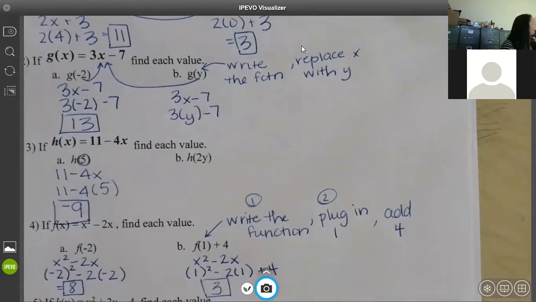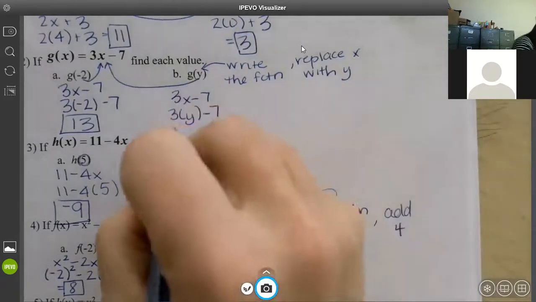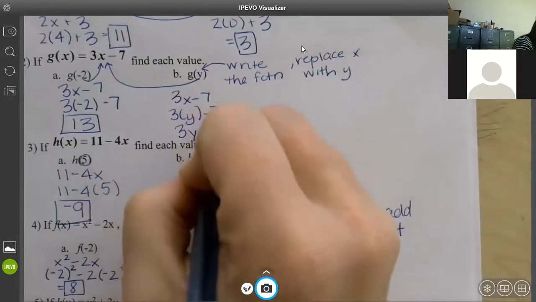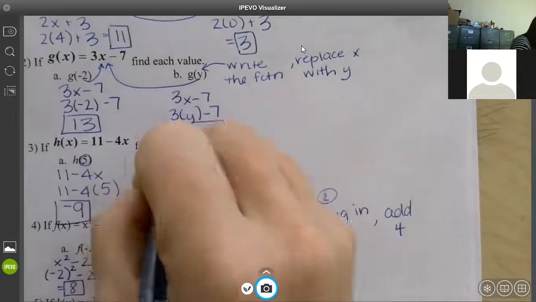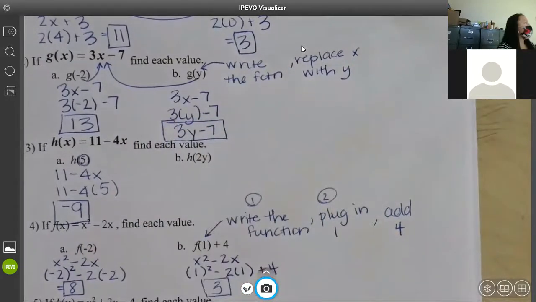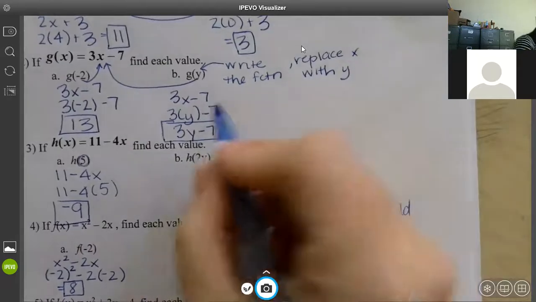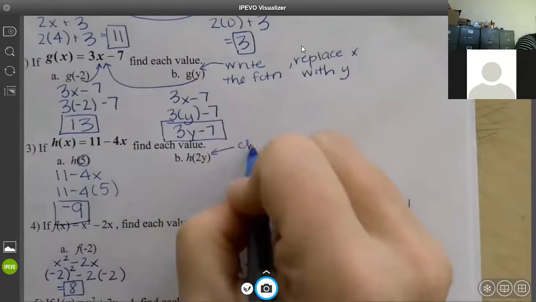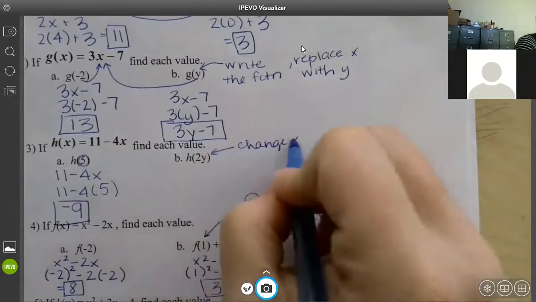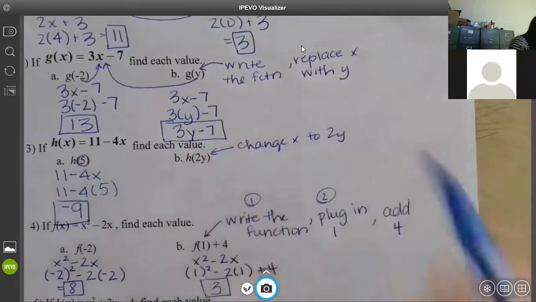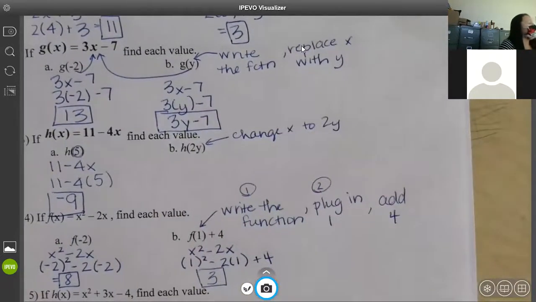It's kind of weird. It's just making a new variable. It's the same thing though. So now instead of 3x minus 7, we're going to have 3y minus 7. And that's all you do. So just change x to y. So this one says change x to 2y. And then you do have to simplify.